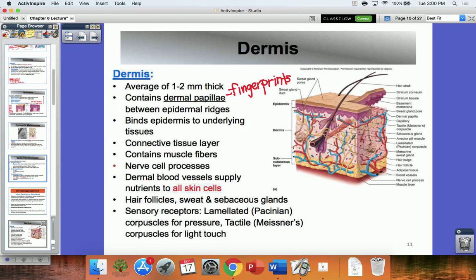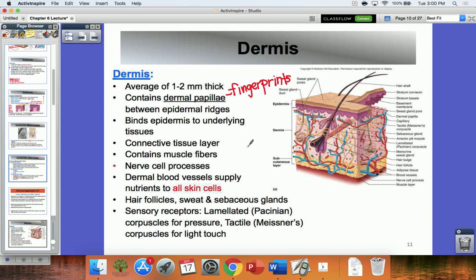We also have nerve fibers, and we'll talk about the two types of sensory receptors in a few. Another thing I like to point out, one way to know that you have reached the dermis of your skin if you have some type of cut or scratch or injury is that you have bleeding. Because remember, the epidermis does not have any blood vessels itself. So if there's blood, then that lets you know that you have reached the dermis.